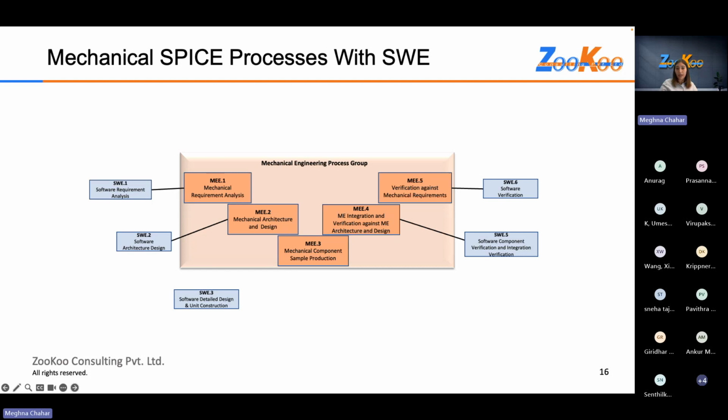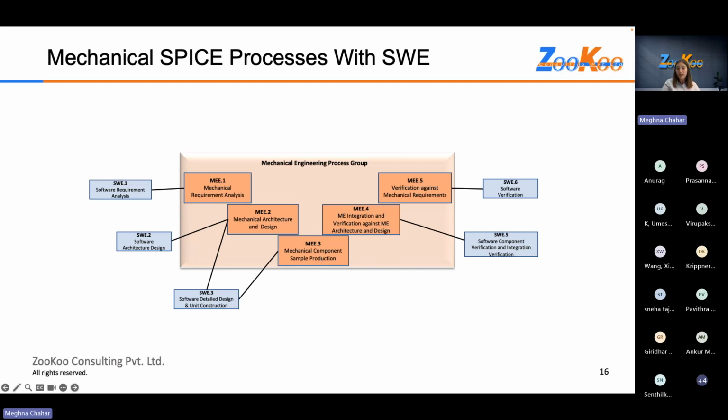And here in mechanical, this has been divided. Now we have two parts: MEE3 and MEE2. The detailed design part here, you can try to map with the component design here. And the end result, your end product, here we have the sample production. We can try to map that over here.